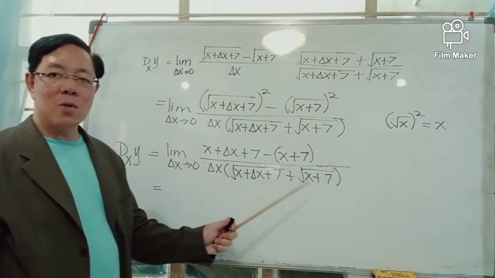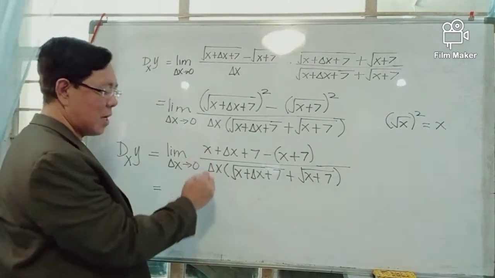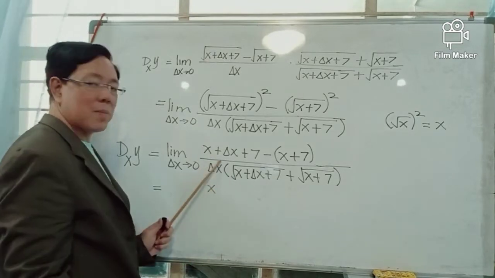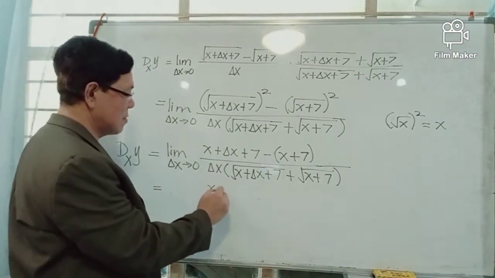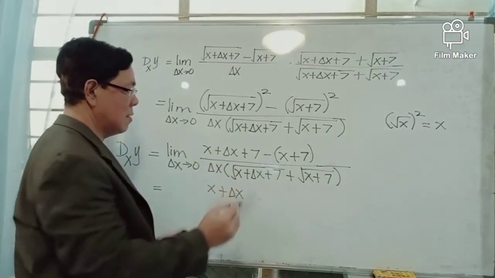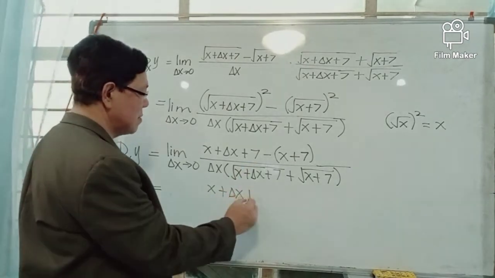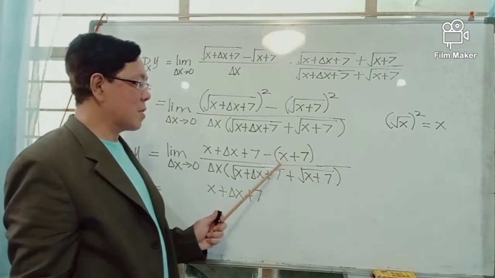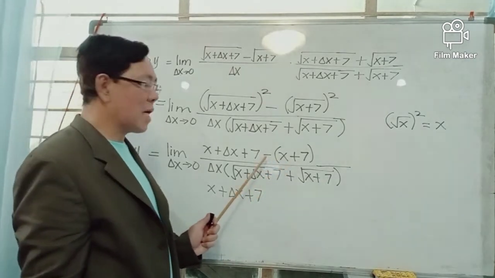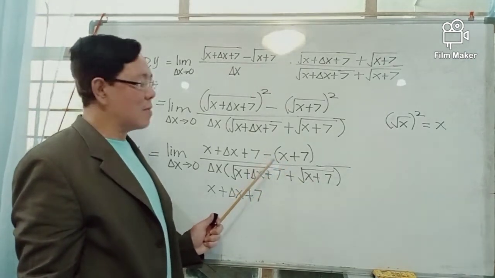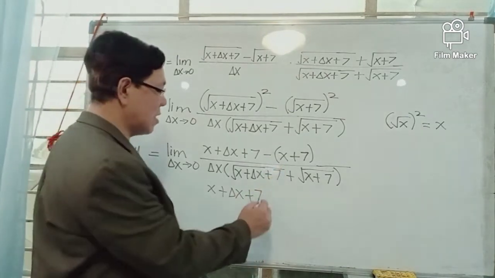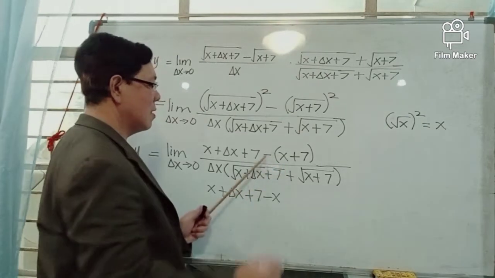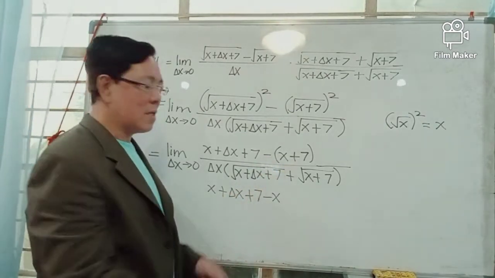We simplify the numerator. We have x plus delta x plus 7, and multiply x plus 7 by negative 1, multiplying each term of this binomial. Negative multiplied by positive x is negative x. Negative by positive 7 is negative 7.